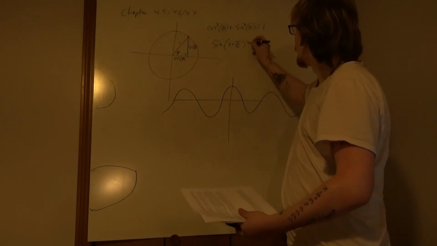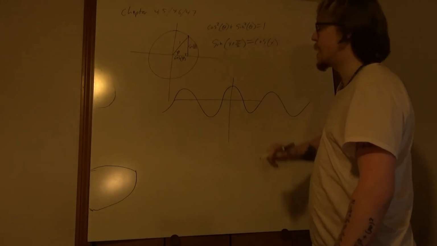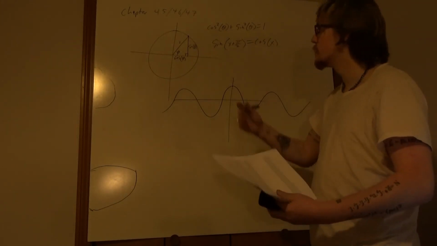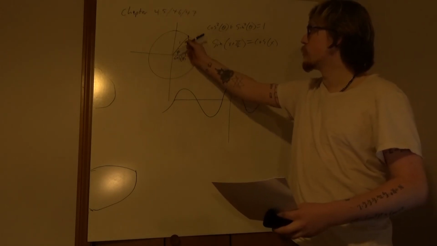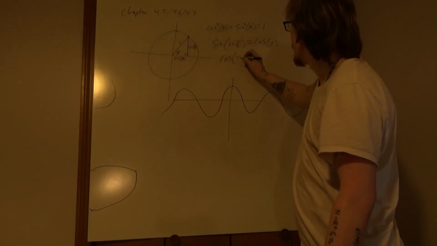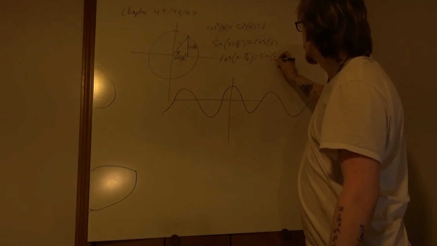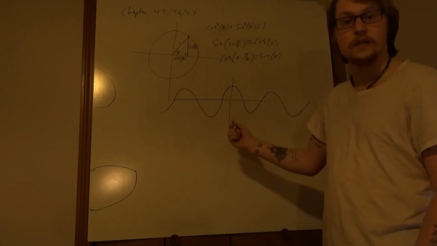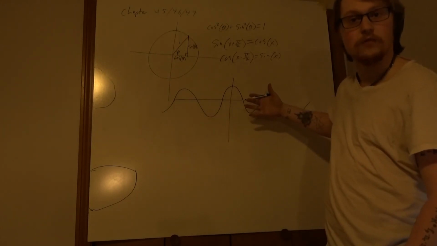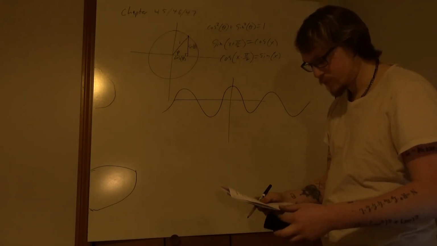So sine of x plus pi over 2 is actually exactly the same as just cosine of x. Likewise, if we do the other thing, if we rotate by 90 degrees the other direction, we get that cosine of x minus pi over 2 equals sine of x. And again, that would be taking this graph and shifting everything by pi over 2 to the right, which of course is just going to undo what we did last time.